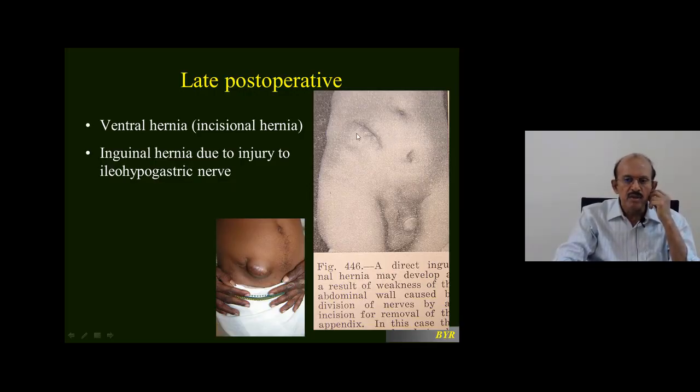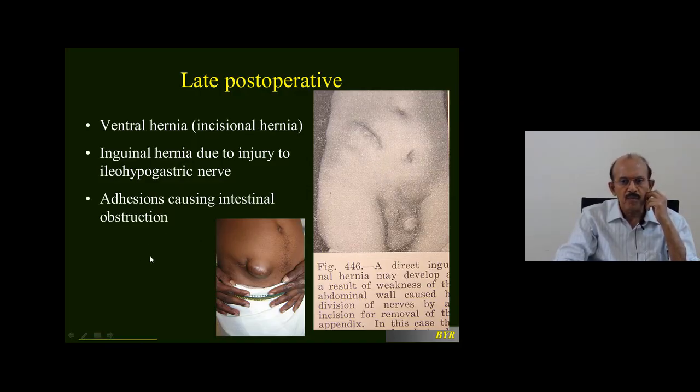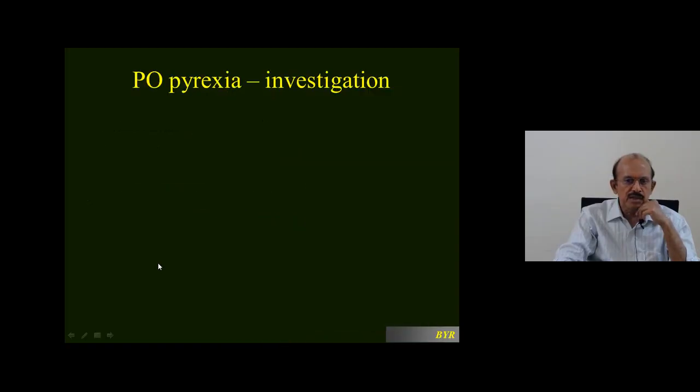So when you are doing surgery, sometimes you may cause injury to these nerves. Injury to these nerves will produce weakness of the conjoint tendon. That causes weakness of the inguinal canal posterior wall, resulting in hernia. Postoperative adhesions may cause acute intestinal obstruction.